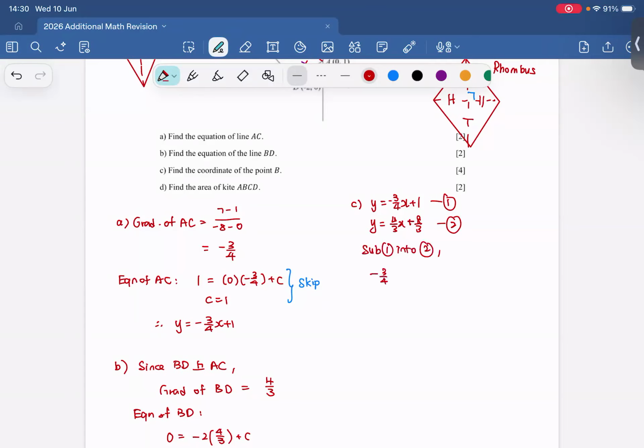So you have negative 3/4 x plus 1 equals to 4/3 x plus 8/3. Put them together, we have negative 25/12 x equals to negative 5/3. So x will be equals to negative 4/5.